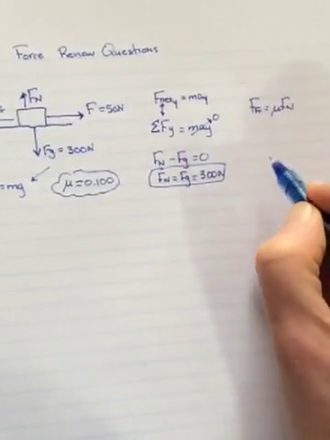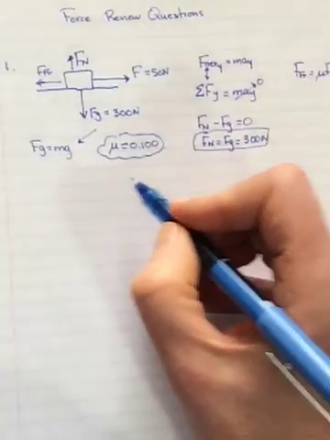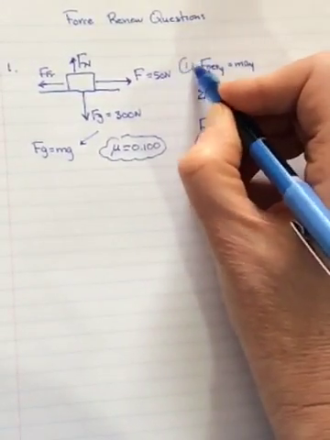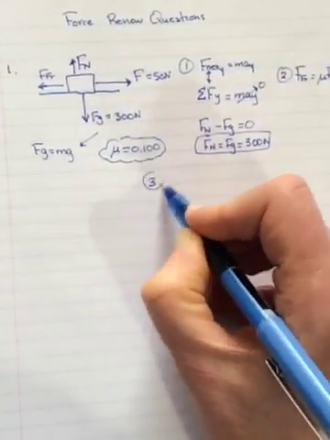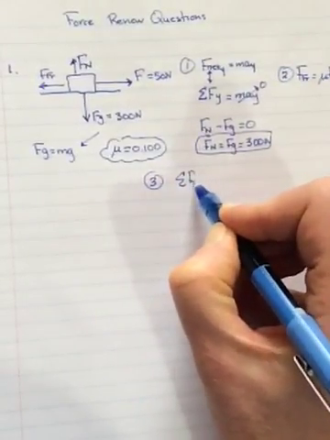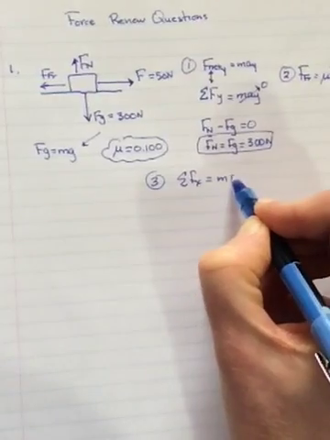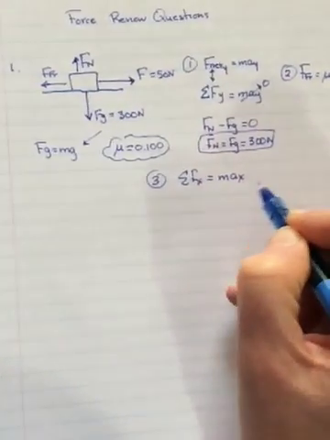Okay, so once you get your friction, then the third, so remember I said there were 3 things: sum of the forces in the y, friction, and then sum of the forces in the x. And that also has to equal ma.